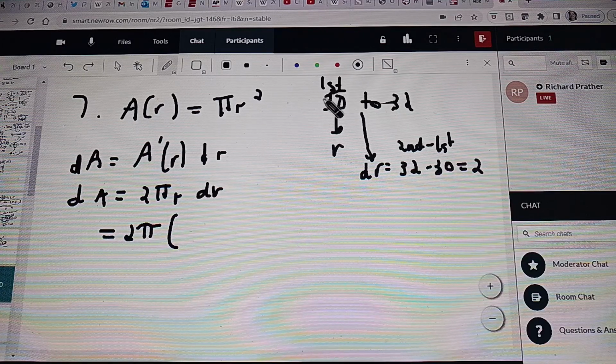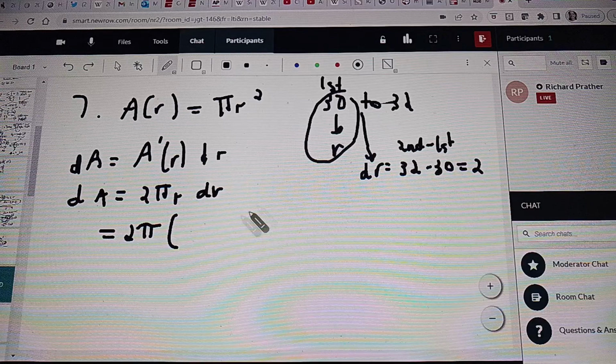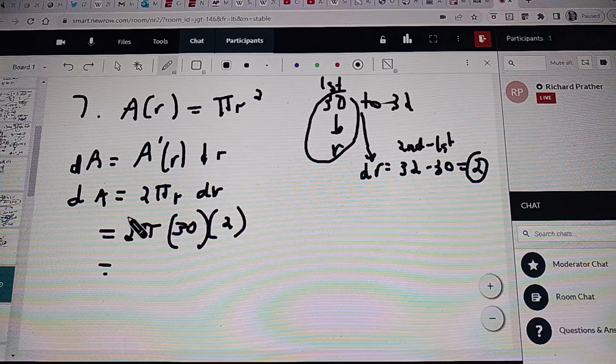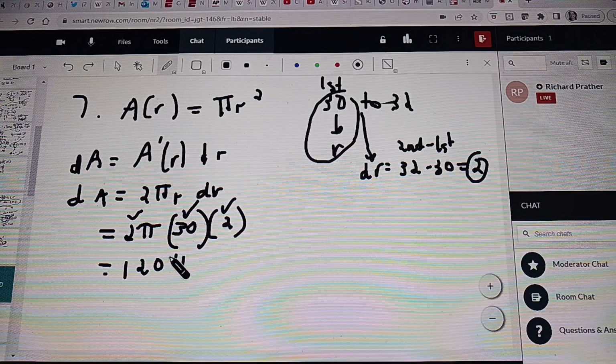Plug in 30 for r, because that's what the radius started off at. And then plug in 2 for dr, because that's what the radius changed by. It increased by 2. So 2 times 30 is 60, times 2 is 120 pi.